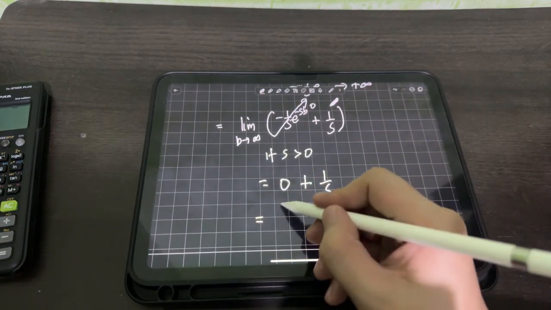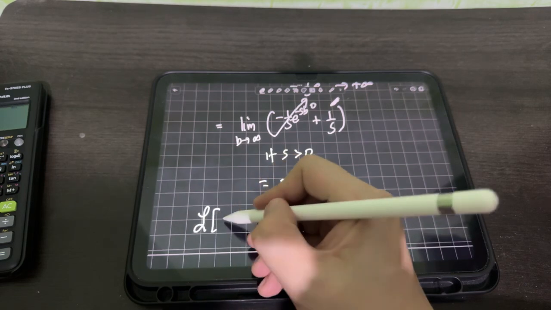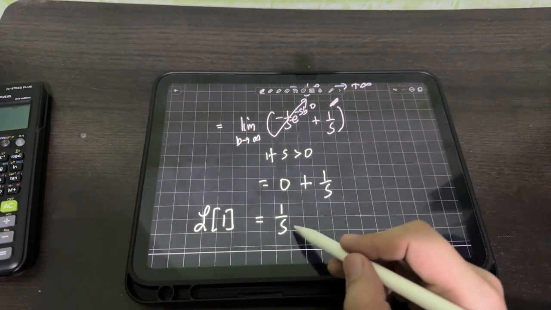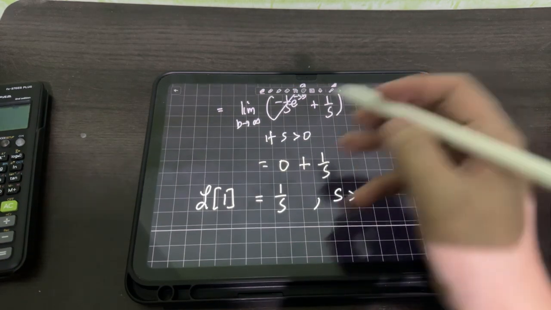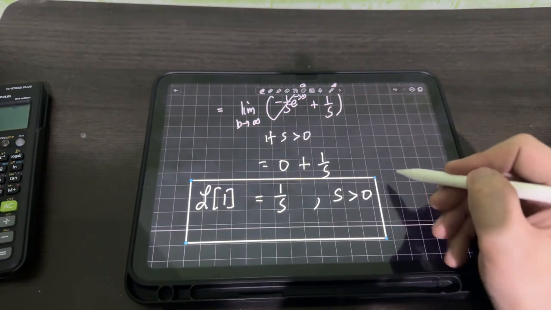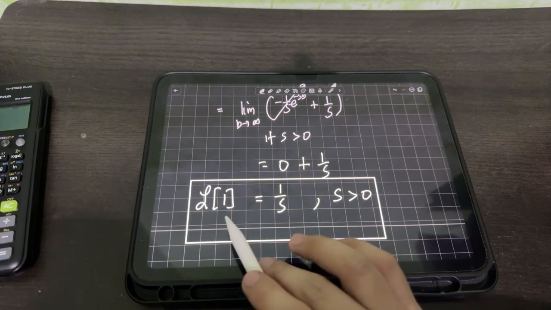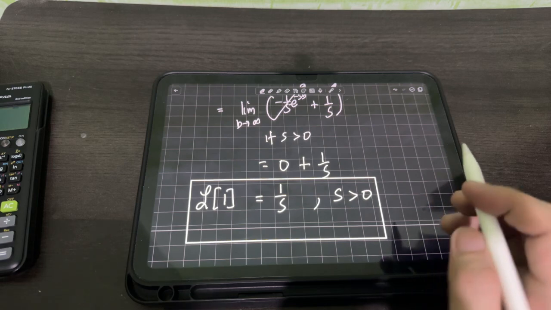Therefore, the Laplace transform of 1 is equal to the final value of the limit, which is 1 over s, for s greater than 0. This is one standard formula for the Laplace transform: the Laplace transform of 1 is equal to 1 over s.